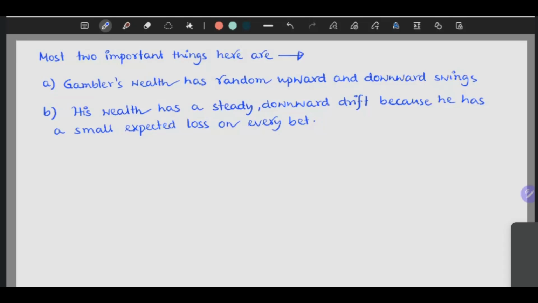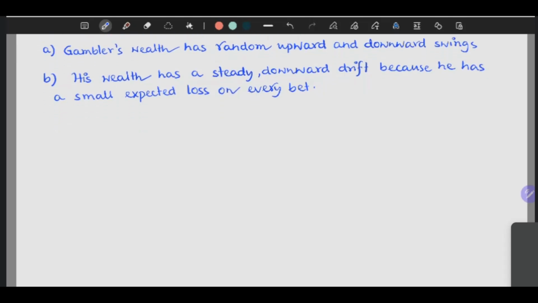So you can see here, let's say this is the gambler's wealth, and this is time, and this is the W where it will cut off.